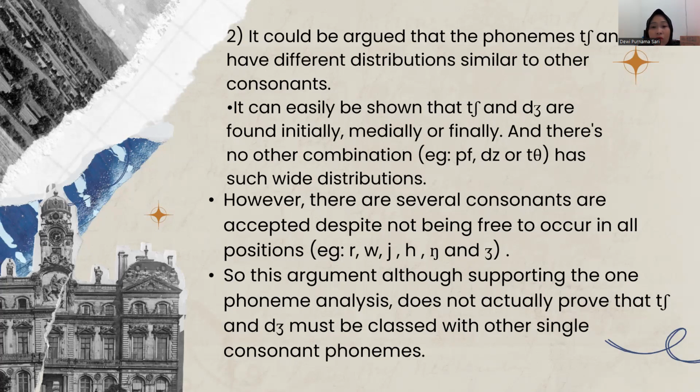No combination of these three examples has such wide distributions. So only certain fricatives like ch and j. However, there are several consonants that are accepted despite not being free to occur in all positions. Okay, a moment.